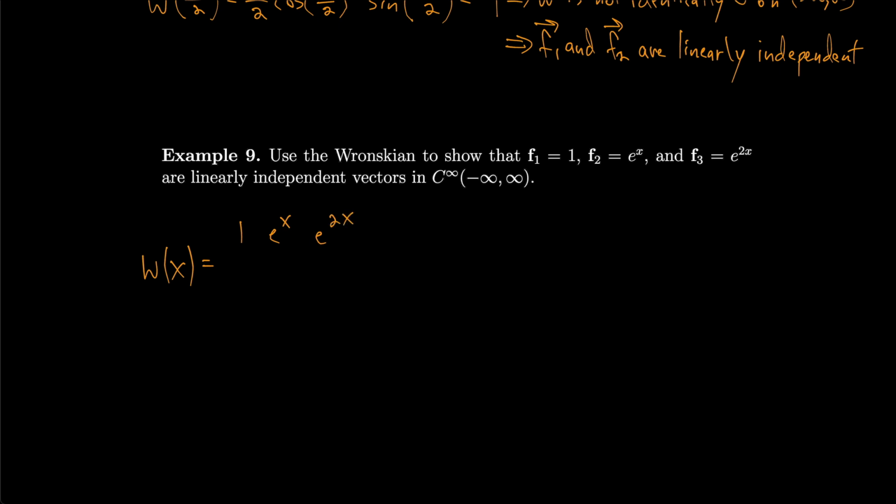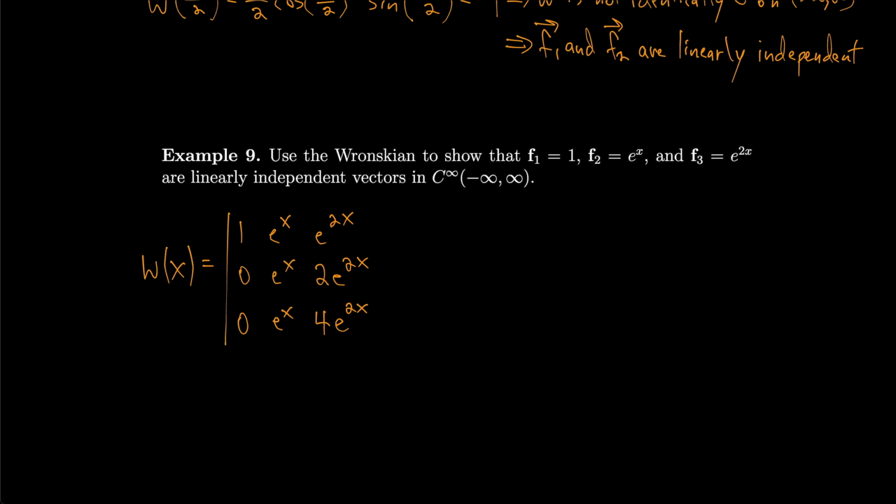We'll take the first derivative, we'll get 0. E to the x is just e to the x when we take the derivative, and then e to the 2x, we just get a coefficient of 2. Okay, now let's take derivatives again. We get 0. We get e to the x, no matter how many times we take that derivative. Taking this derivative, now we get another coefficient of 2, which multiplies with the one we already have, and we get 2 times 2 is 4.